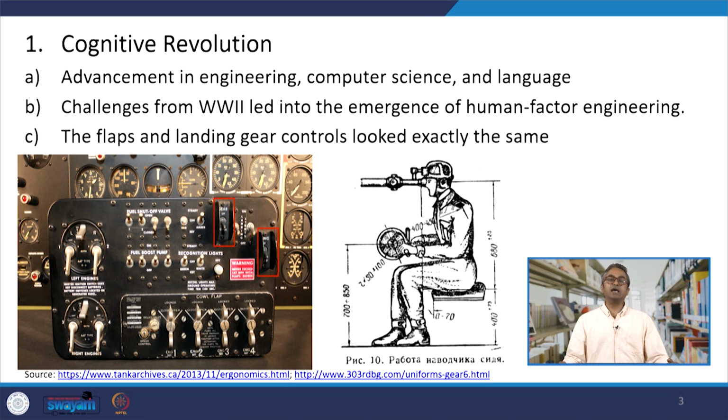Very soon they realized that there was a problem in the display. What is the problem in the display? As you can see on your screen, there are two buttons placed closely to each other. One button, on the left hand side, is the flying gear.